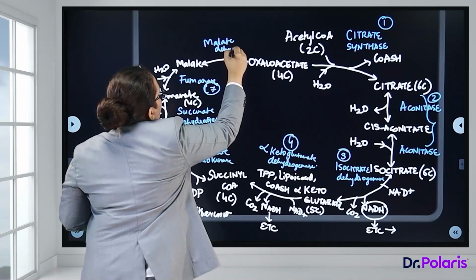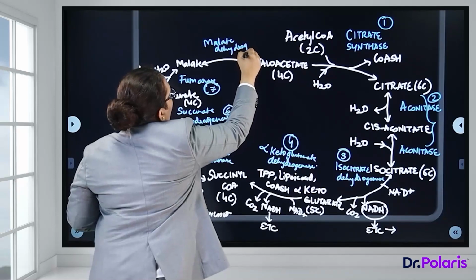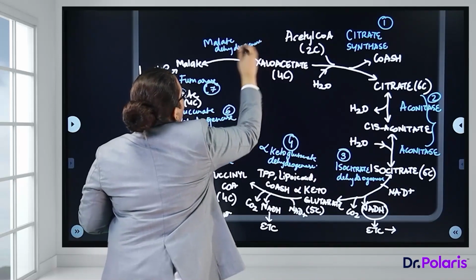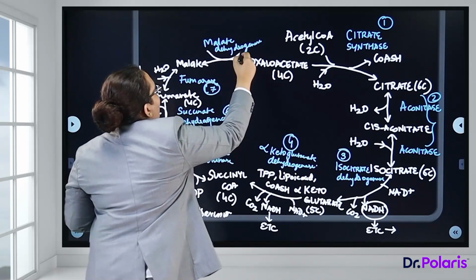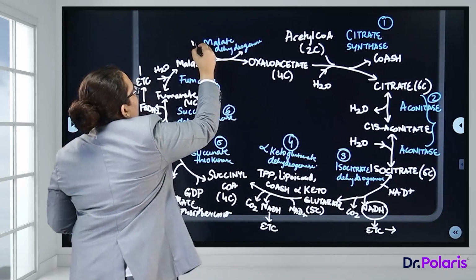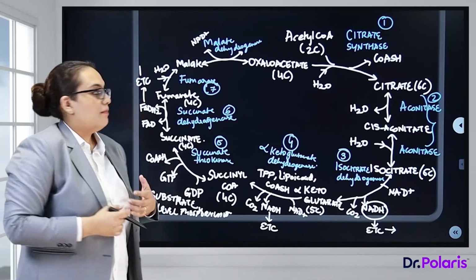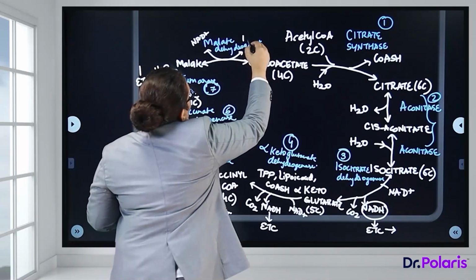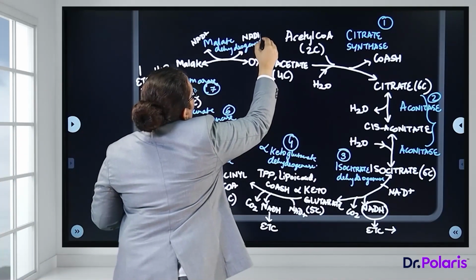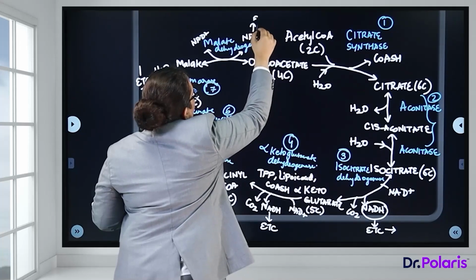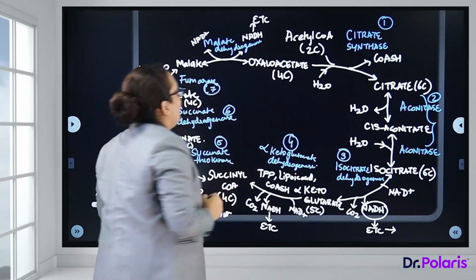This is an oxidative reaction where hydrogen is removed. A reversible step again. And the hydrogen acceptor is NAD+. NAD+ accepts the hydrogen from malate to form NADH, which again enters into the ETC, electron transport chain, to form energy.